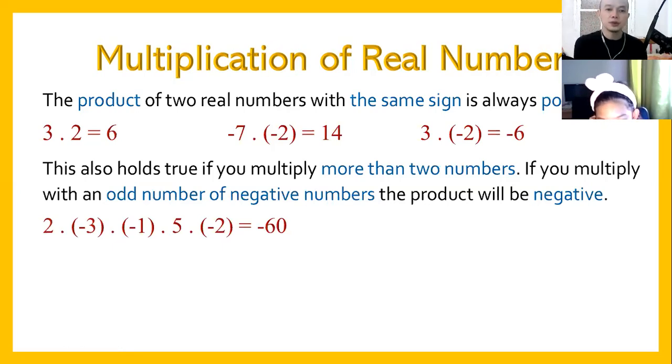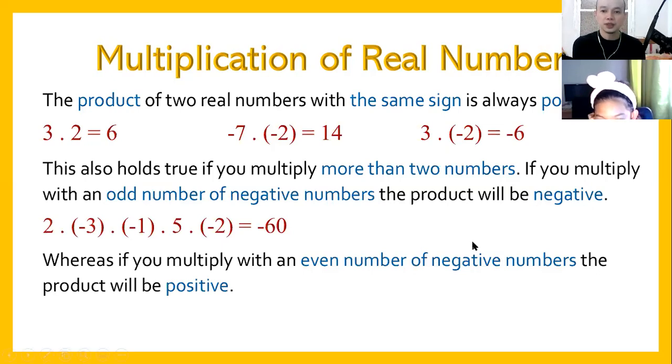That's the rule. Now, what's the other rule? Can you read this one? Whereas, if you multiply with an even number of negative numbers, the product will be positive.